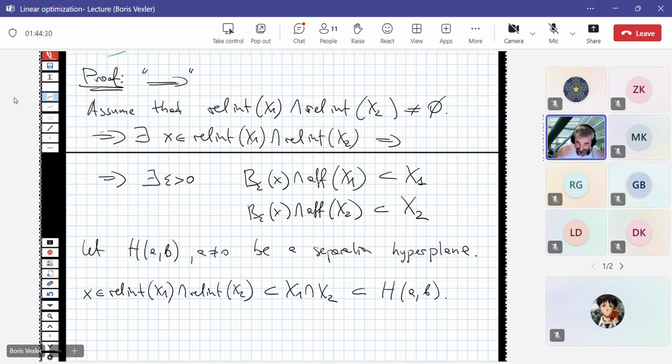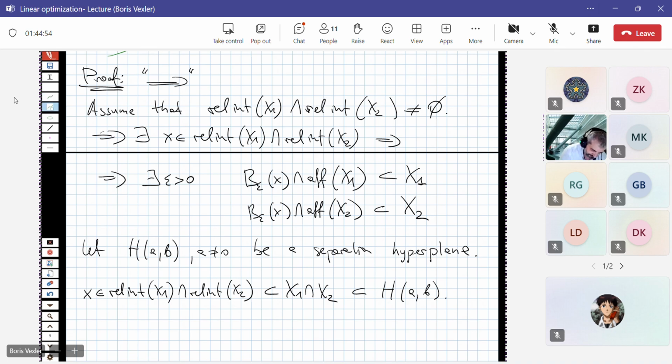Can you tell me, just in order to see that you are not sleeping? Why is the intersection a subset of H? Because if it satisfies both inequalities, then equality must hold. Exactly.